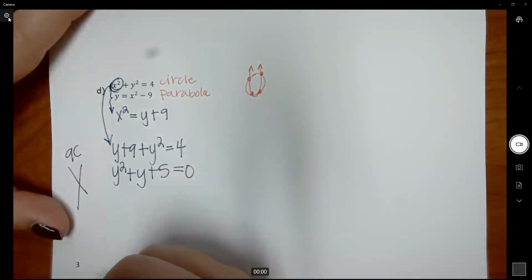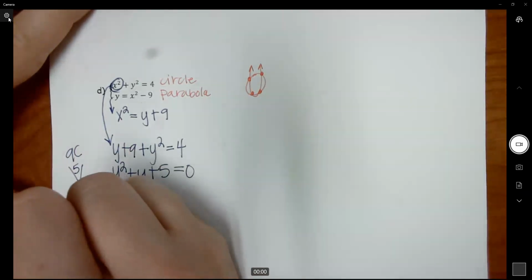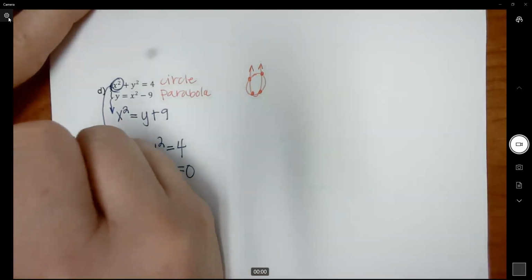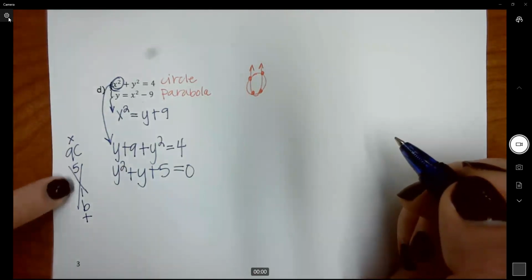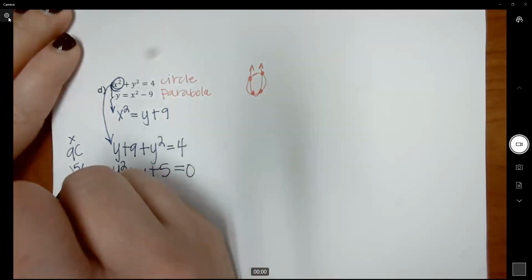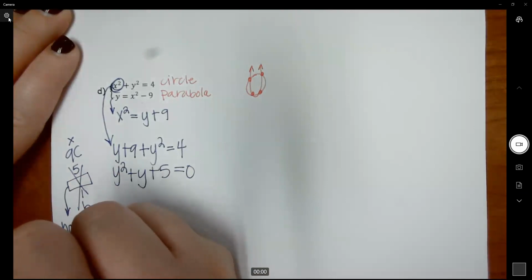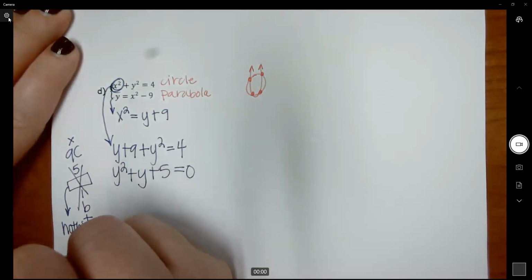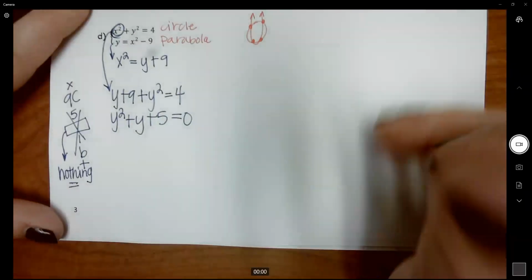We always want to try factoring first. So a times c is 5. My b term is 1. What adds up to 1 but multiplies to 5? Well, the only multiples of 5 are 5 times 1, and that gets me nowhere close to 1. So because this is nothing, I can put here, nothing equals, yep, guys, you guessed it.